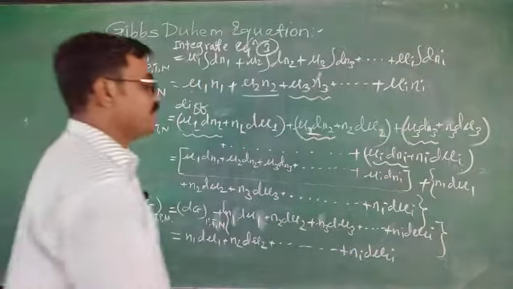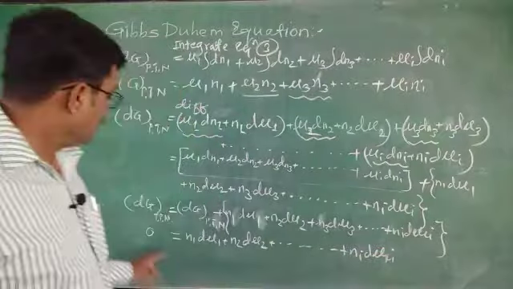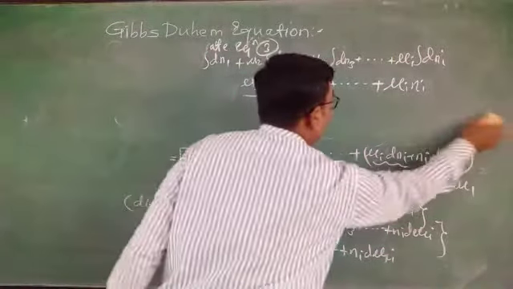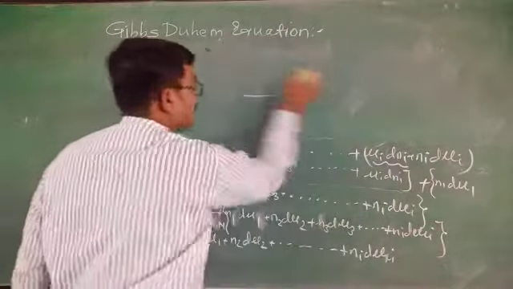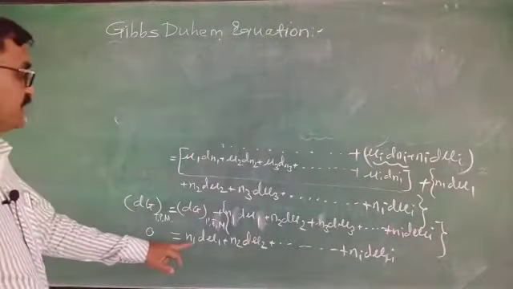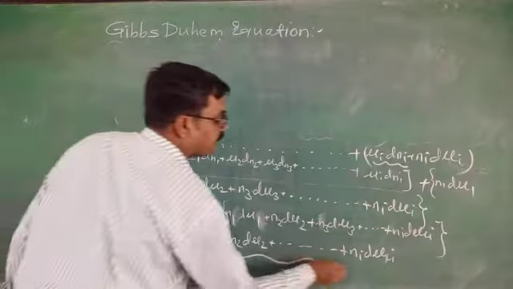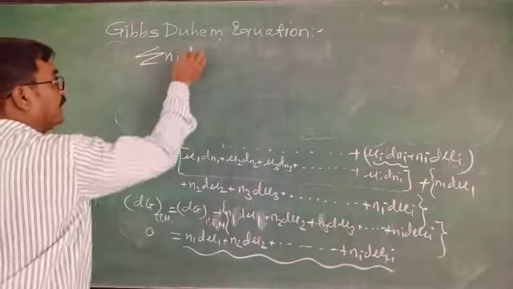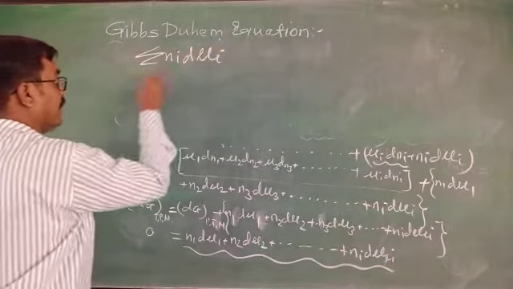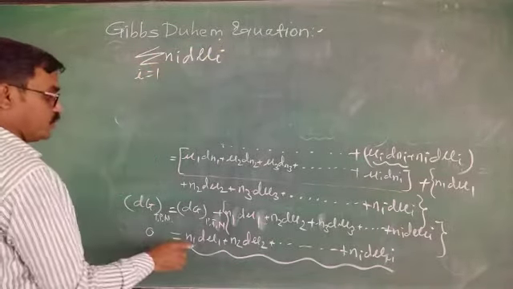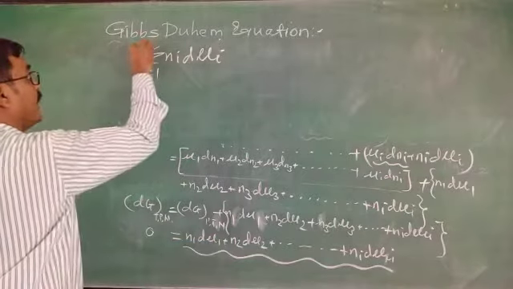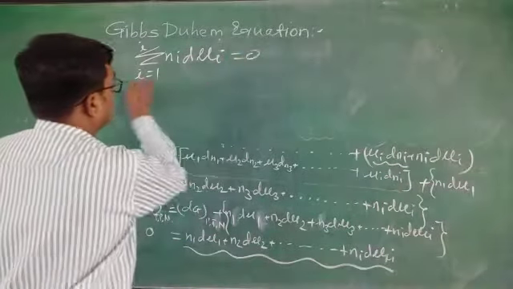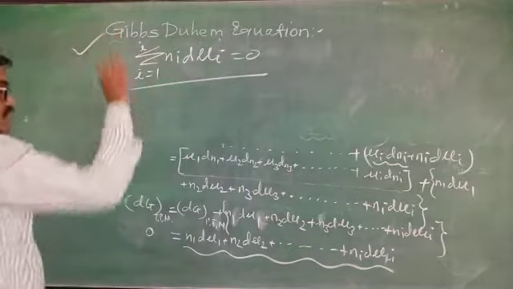Now after solving further, this is the last equation. Mathematically it is written as summation of ni d mu i, where i varies from 1 to I, is equal to 0, and this is the Gibbs-Duhem equation.